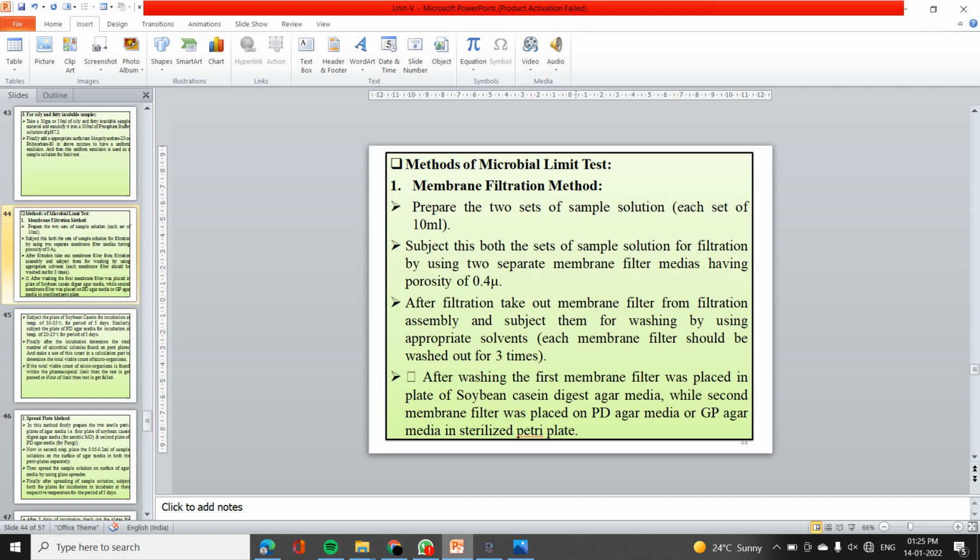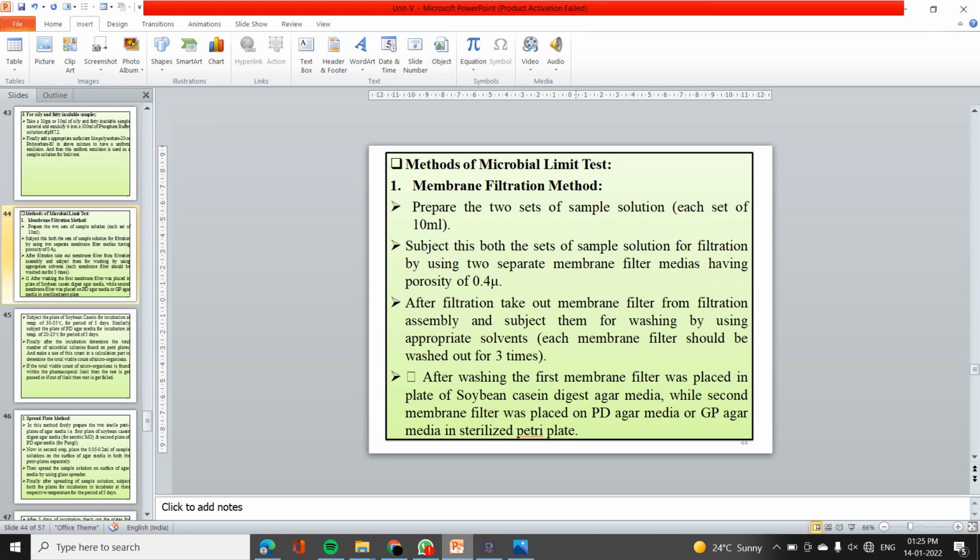After washing, the first membrane filter is placed in soybean casein digest media, and the second one is placed in PD agar media, that is potato dextrose agar media.